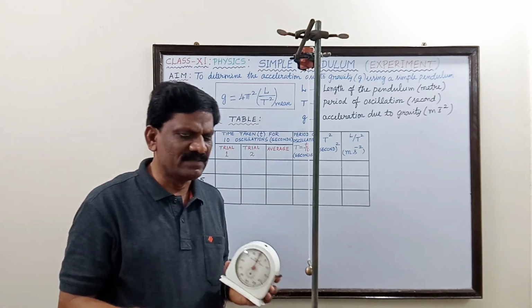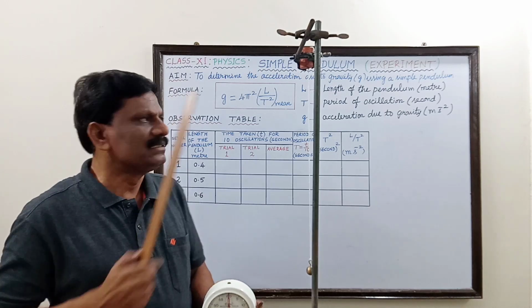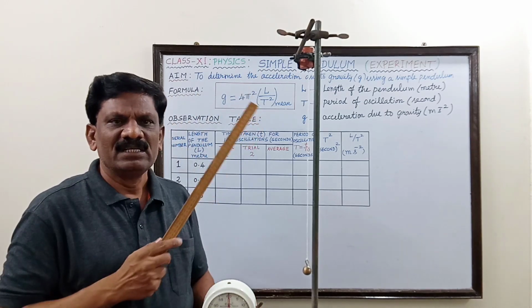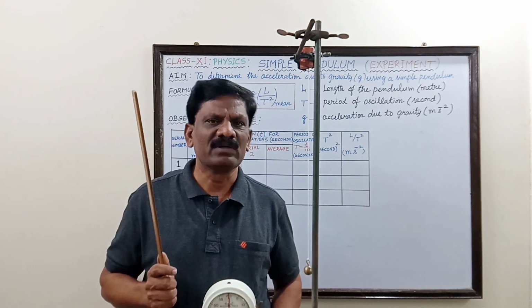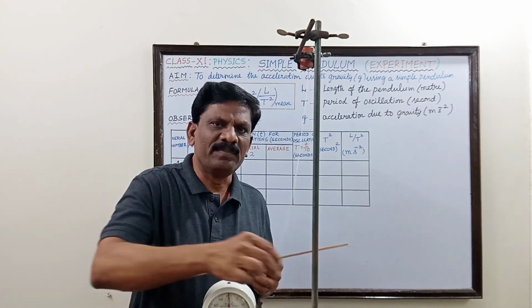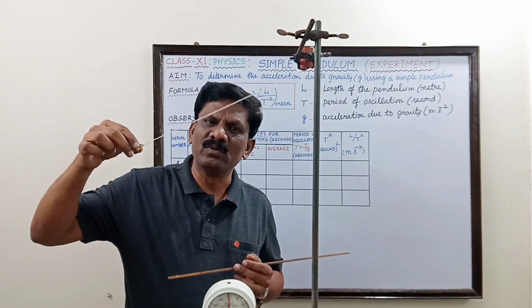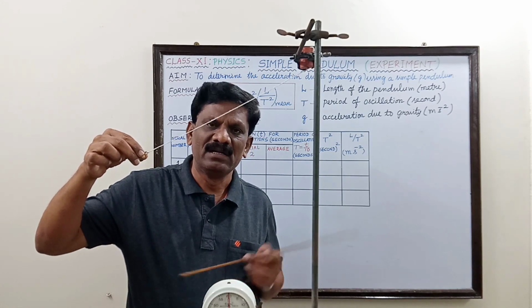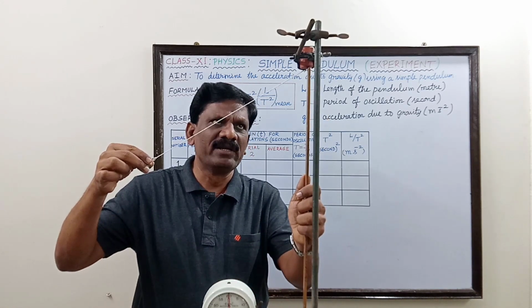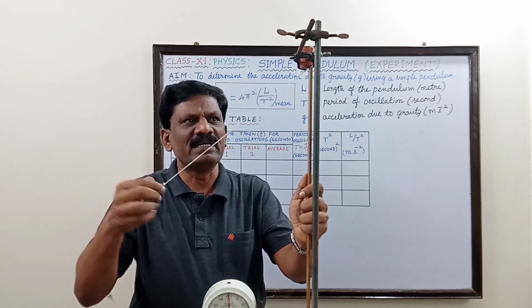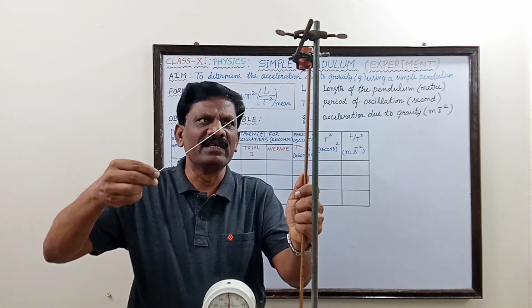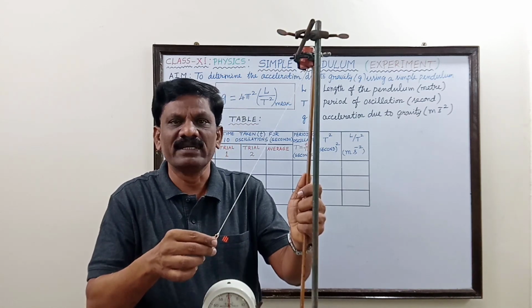What is very important is that this expression is true only for small amplitudes. You cannot take the pendulum over a large amplitude and do this experiment. With respect to the equilibrium position or mean position, the angular displacement made by the string must be very less.